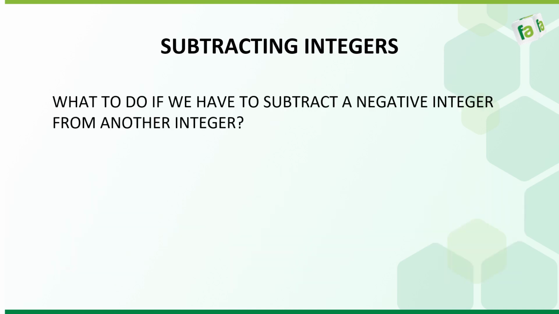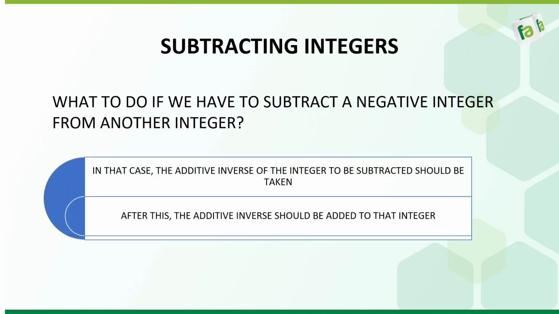Now, what to do if we have to subtract a negative integer from another integer? In that case, the additive inverse of the integer to be subtracted should be taken. After this, the additive inverse should be added to that integer.